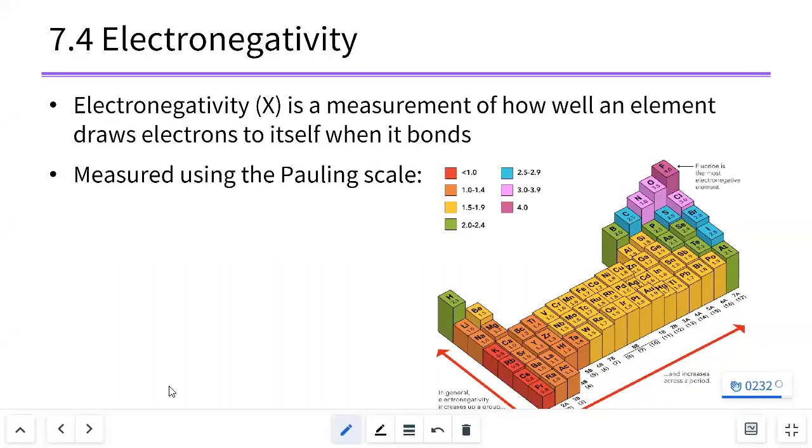Let's imagine that we have a chemical bond between these two blue spheres. Let's just imagine that these are the two nuclei that are bonding. In this particular scenario, we could have even sharing of electrons, where the electrons are very evenly distributed between one atom and the other. Or we could have uneven sharing, where it's clear that the electrons are much more on one side than the other.